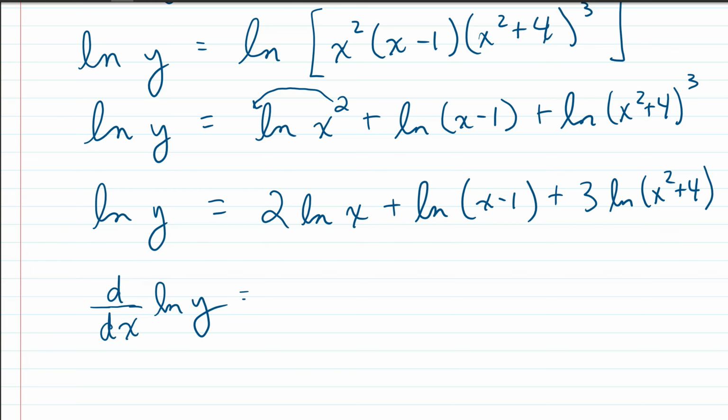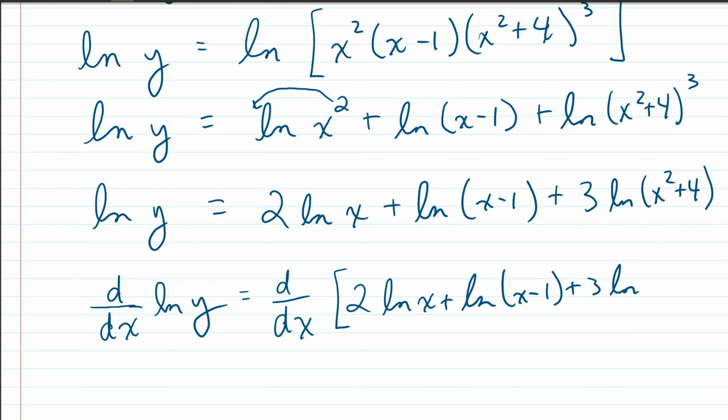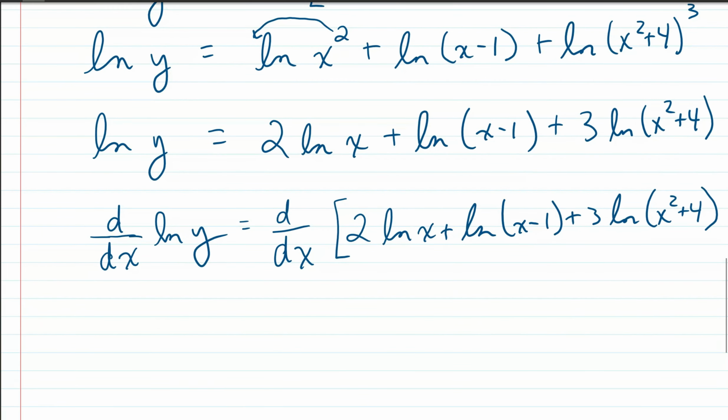And then I'm going to take the derivative with respect to x of everything else over here too. So I'm just going to put all of this in brackets just to show that I'm taking the derivative of everything. But I'll do them individually. So 2 natural log of x plus natural log of x minus 1 plus 3 natural log of x squared plus 4. Right, just to show that I am doing that next step of taking the derivative with respect to x.